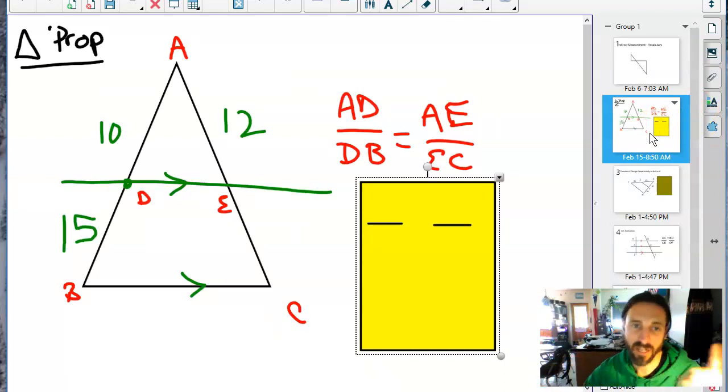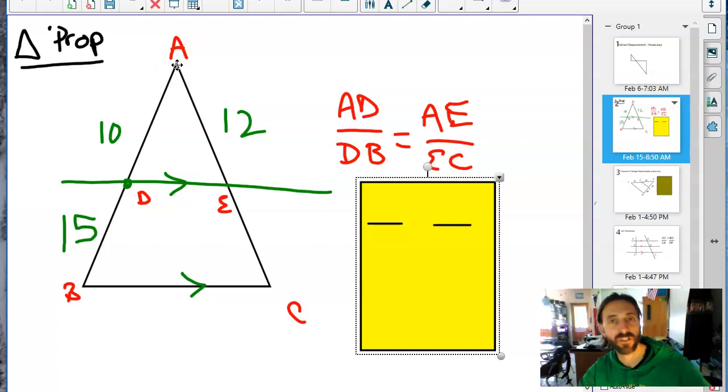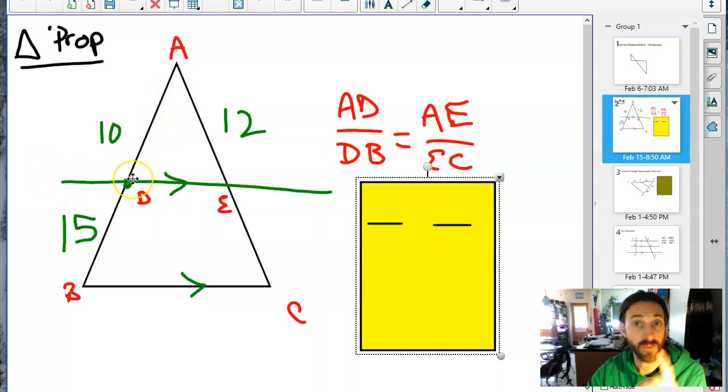The idea here is, if we have two triangles that are similar, then we know that their side lengths are proportional. And even when you have parallel lines cutting through them, we can set up a proportional relationship. Check this out. I know triangle DAE is similar to triangle BAC.